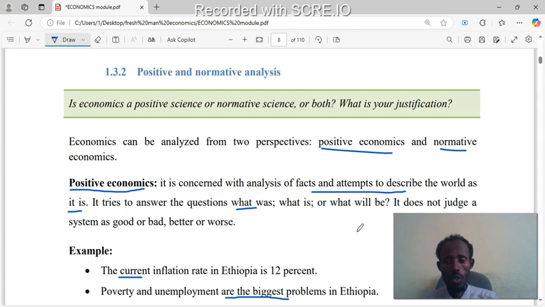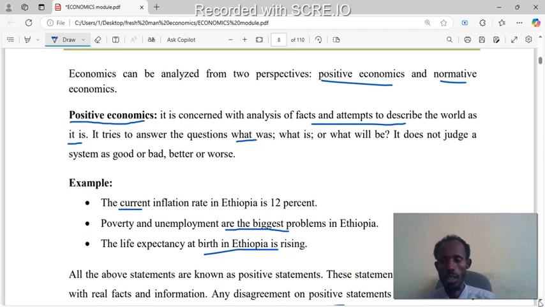In positive economics, there is no judgment. It does not judge a system as good or bad, better or worse. There is only a description of the gathered information or fact as it is.